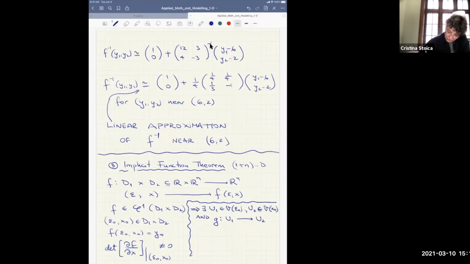So this goes from an epsilon to a g of epsilon, which is C1 on U1, such that f at epsilon and g of epsilon is still y naught.